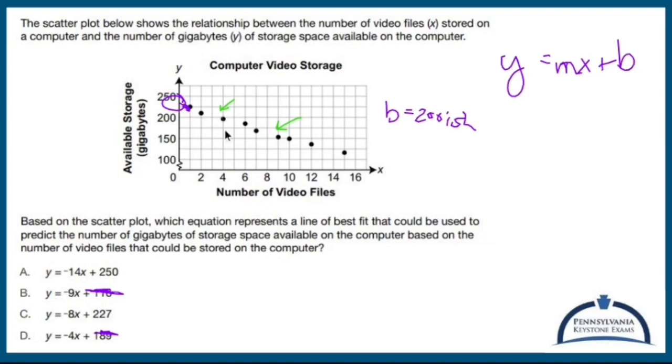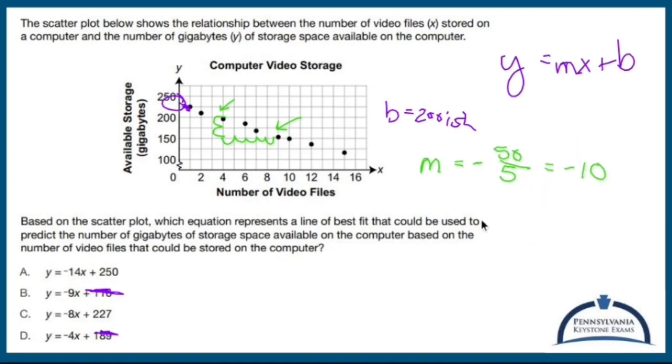If I go from here to here, I'm going down 1 box, 2 boxes. Going down 2 boxes is a change of 200 to 150, which is 50. So it's a negative slope, 50, and it looks like every time I go over 1, 2, 3, 4, 5, negative 50 over 5 is going to give me negative 10.